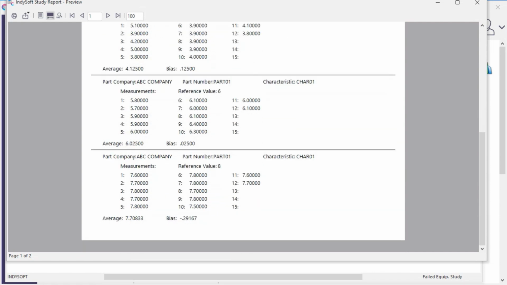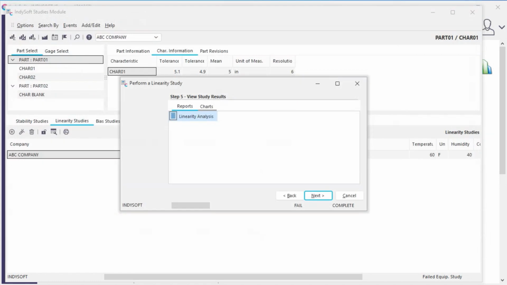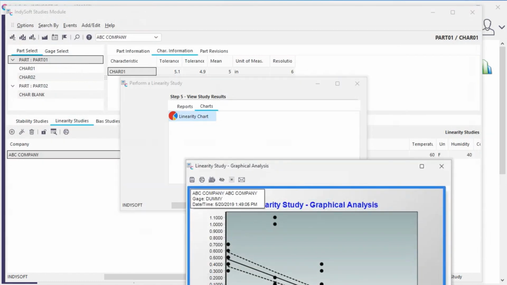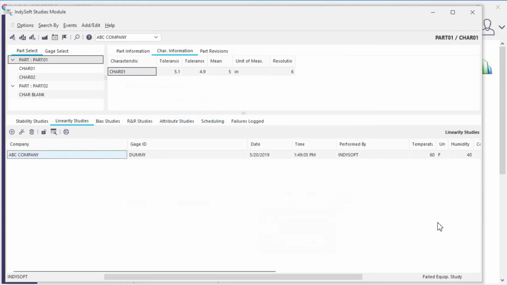The linearity and bias check both failed pretty badly for obvious reasons. We've got some charts, and you can see this instrument is just performing awfully. This study helps you assess whether you've got the wrong device, that it doesn't read well on the low end or the high end or something like that.